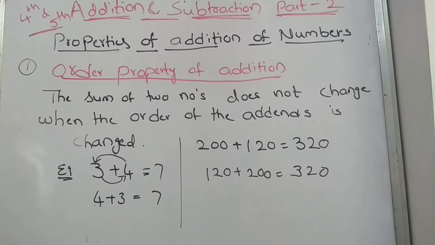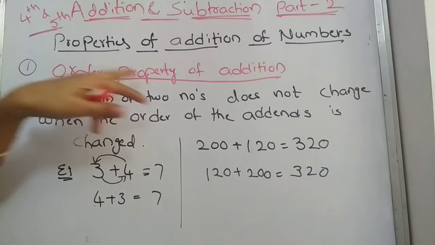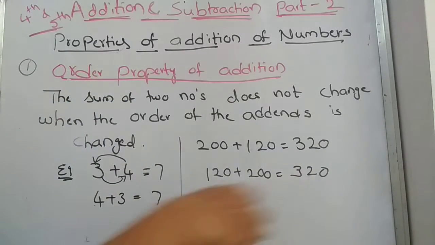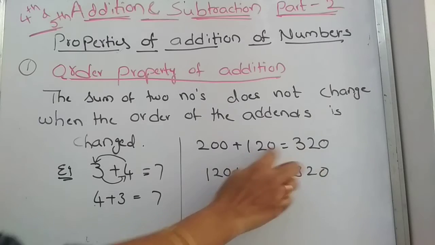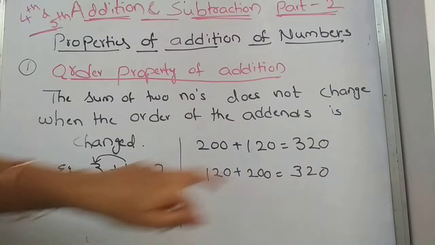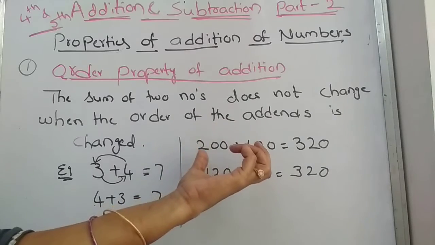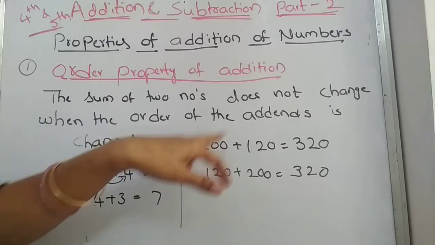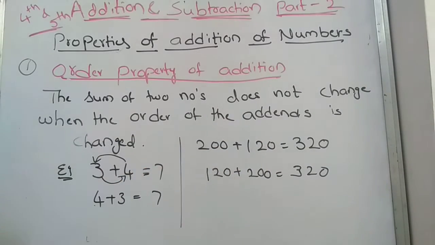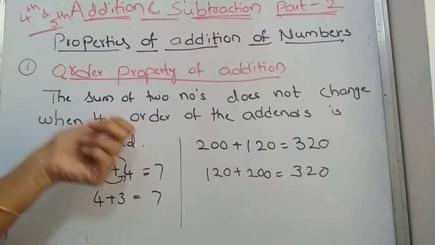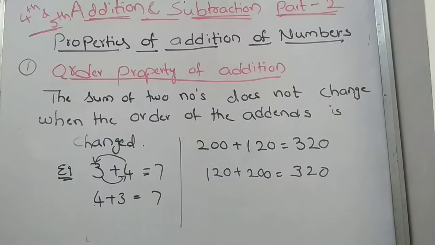Order property of addition means the sum of two numbers does not change. Here also 320, here also 320, but the places are interchanging because the first number is coming to second place and the second number is coming to first place.